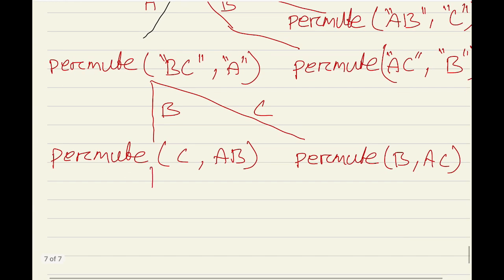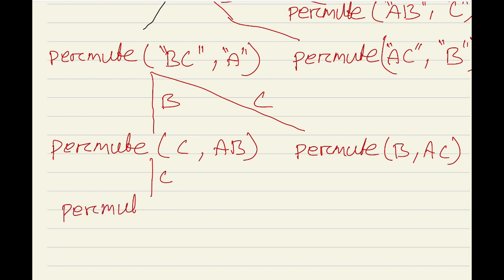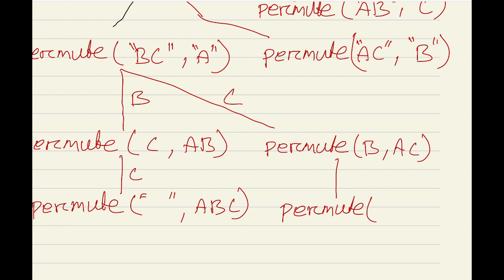Now here there is only one option, that is we can select C. So permute becomes this one, the input becomes empty and the output becomes ABC. Similarly here we have only one option, so we can select B. So the permute method becomes like this, the input becomes empty, the output becomes ACB.